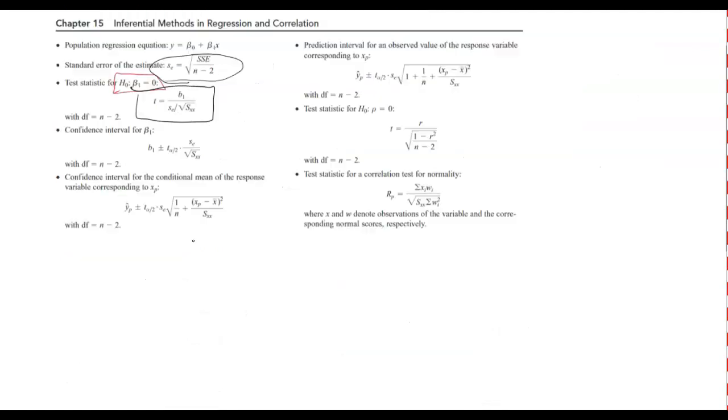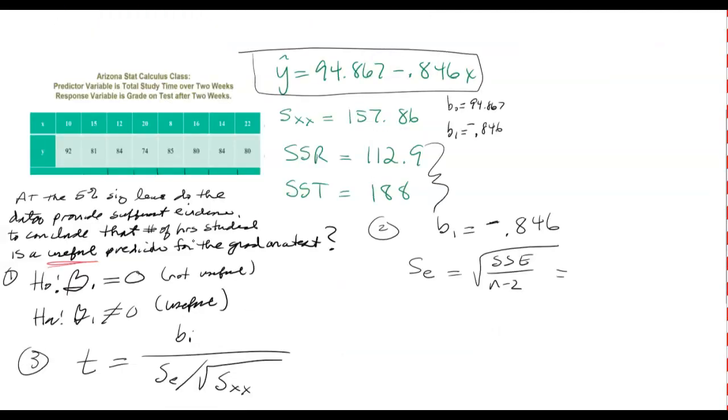So we can use that regression identity to find SSE, because the 188 is going to equal 112.9 plus SSE. So take a minute real quick and calculate SSE. And it looks like it should be 75.1.